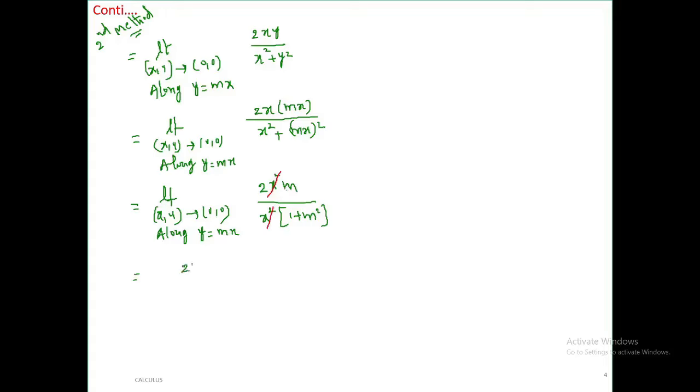So directly the answer is 2m by 1 plus m square. That's it. So now this limit is depending on m. If I change m, for example if I take 2x, the limit value will change. If I take 3x, the limit value will change. So if we change the paths, the limit value also changes. So therefore the conclusion is here: the limit value is depending on m.